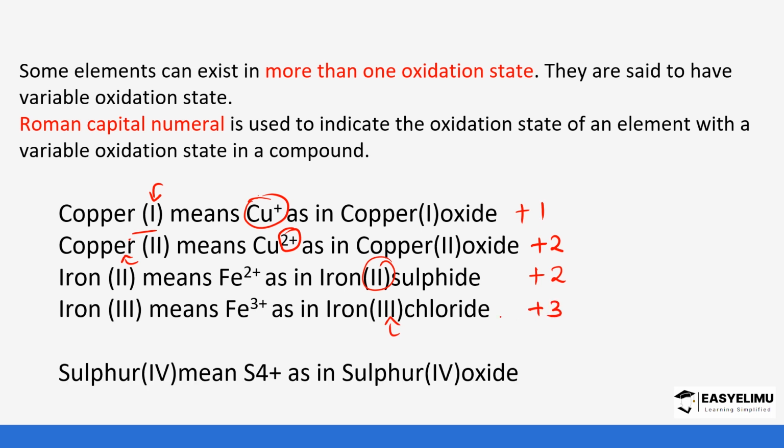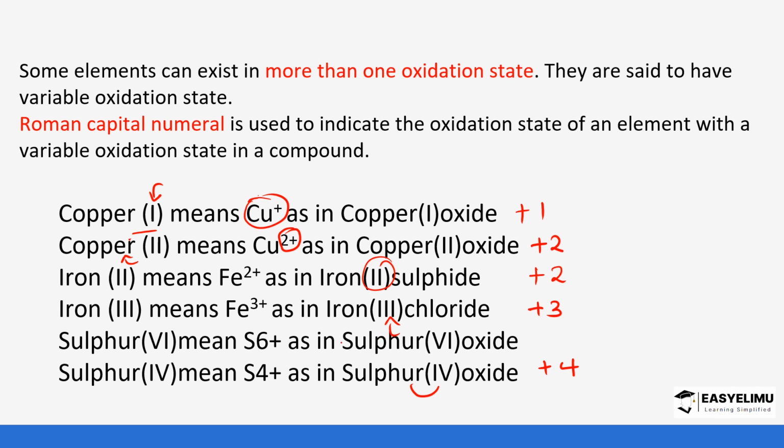And then another example is sulfur 4 oxide. So the oxidation number of sulfur in this is positive 4. And finally, sulfur 6, in sulfur 6 oxide, the oxidation number of sulfur is positive 6. So those examples are further shown.